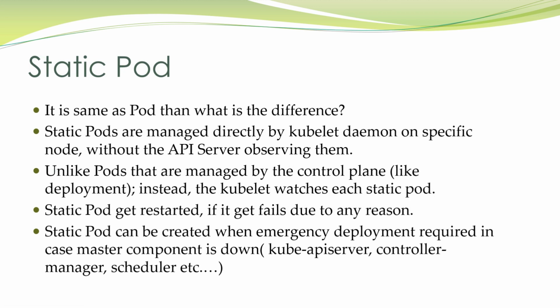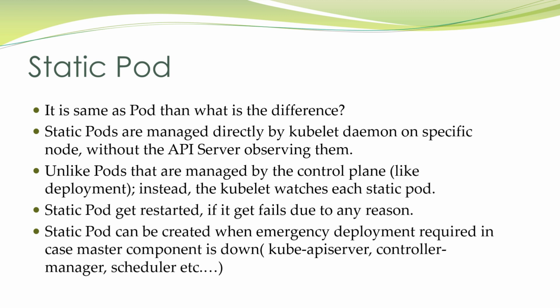The kubelet relies on the kube API server for instructions on what pod to load on the node. Whenever we try to create a pod, we provide the instructions to the kube API server.